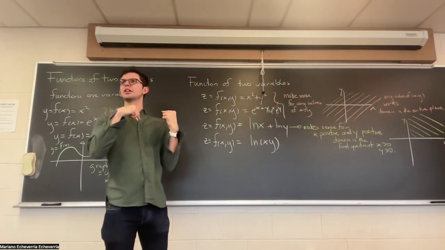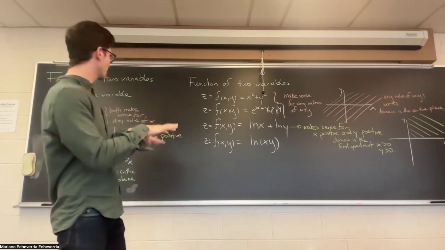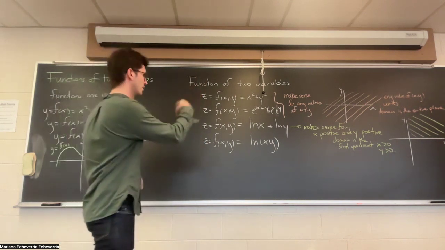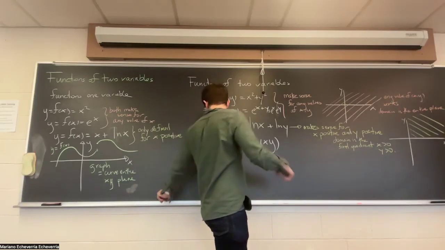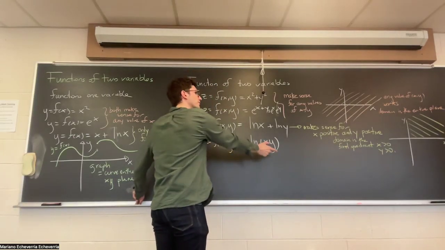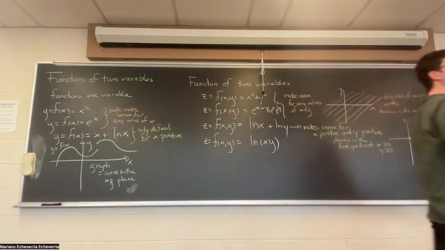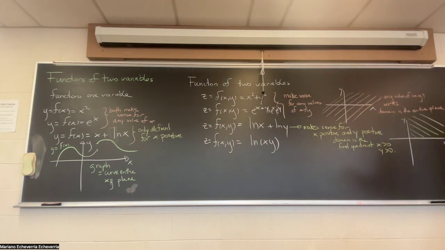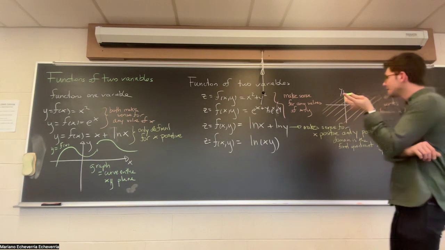Okay, and the last one is similar but a bit trickier than the other two. You have the product of two numbers, right? And when could the natural log of the product be okay? Yes, when x and y are both positive or both negative. Right, good.